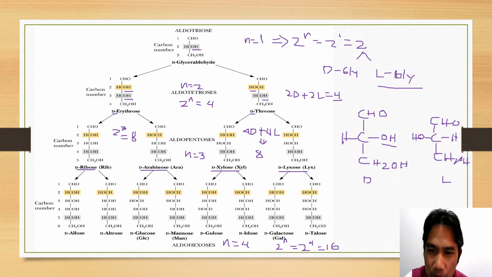So there are 8 Ds here, plus the mirror images of these 8 Ds, so we say 8 Ls. So all in all, the total is 16 different arrangements. Again, we call these Ls and Ds the enantiomers.